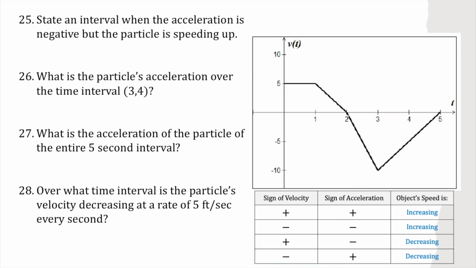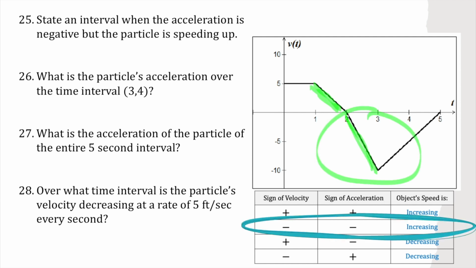Almost done. State an interval when the acceleration is negative but the particle is speeding up. Well, that means it has to match the sign of the velocity. So negative acceleration also has to be a negative velocity. So between 2 and 3.